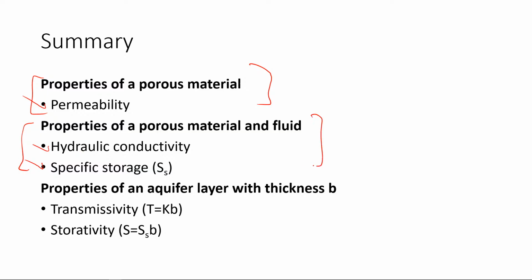Remember, specific storage has to do with compressibility. If this borehole was filled with oil, it would be very different than if it was filled with water. So this is a property of the porous material and the fluid. You saw sand, gravel, oil, water, each one has its own specific storage.